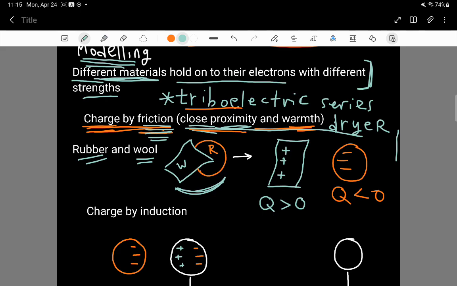Overall, actually, no electrons were broken or destroyed. Charge wasn't gotten rid of, right? Actually, there's an overall conservation of charge, it turns out.